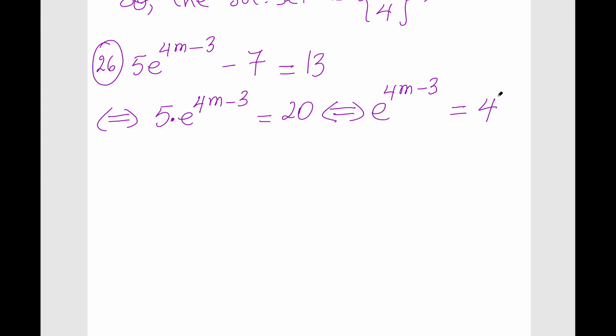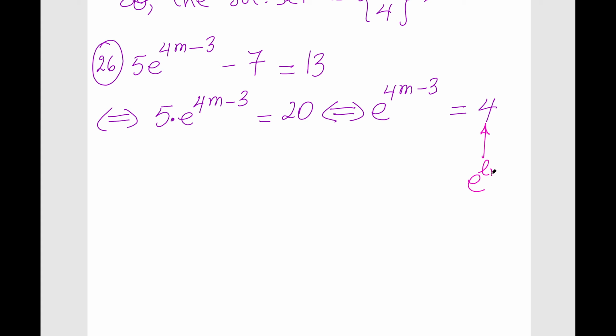But I can rewrite 4 as e to some power. And what is this power? Do you remember that the exponential function with base a and the log function with base a are inverses, so they undo each other if you put them back to back?